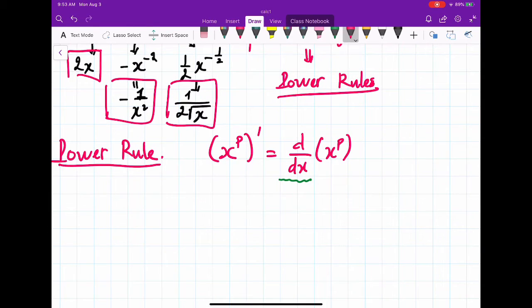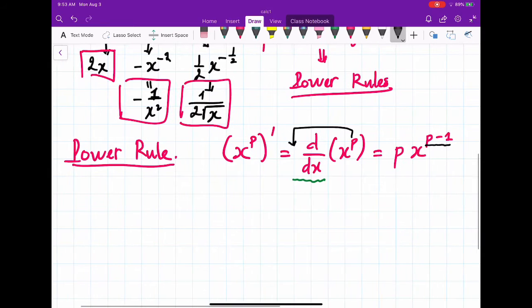This is p x to the p minus 1. In order to remember this, you just take p out of the differentiation operation and then you reduce the power by 1.